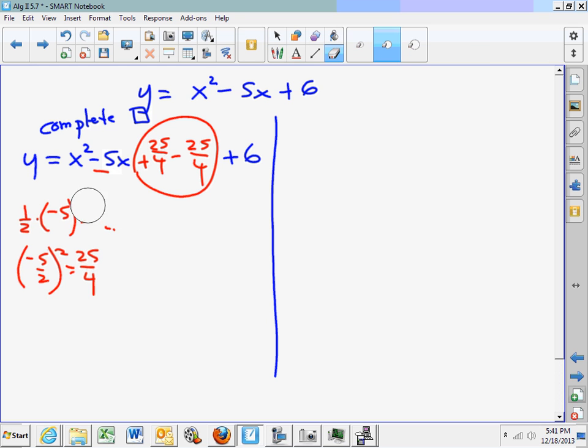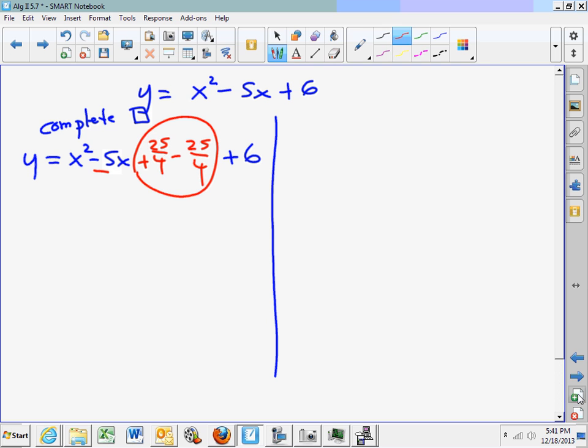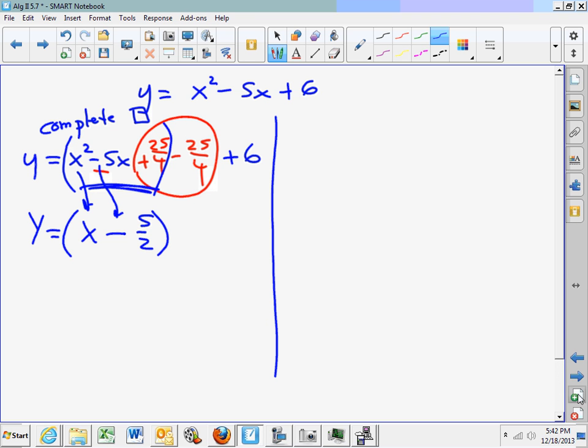Now, we're going to reassociate so that the first 3 terms are associated together, and then the last 2 terms are associated together. Now, we have y equals the first 3 terms. This is genetically engineered to be the square of a binomial, and that binomial is x, the square root of the first term, minus, the sign of the middle term, 5 halves, the square root of the third term, squared.